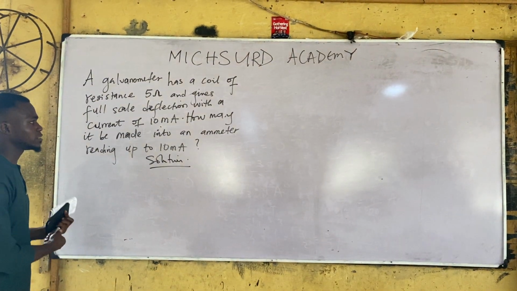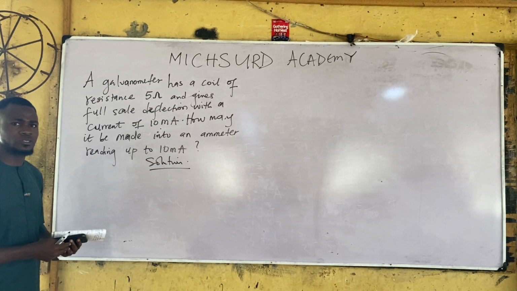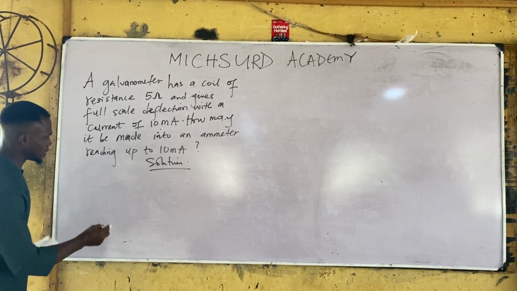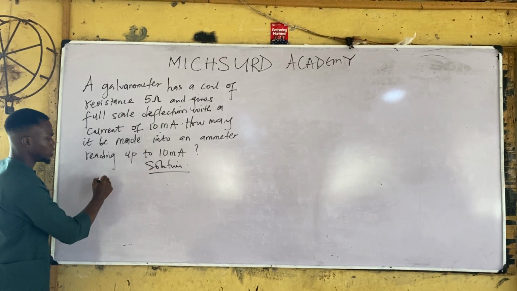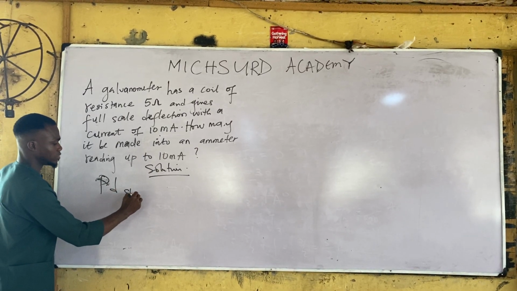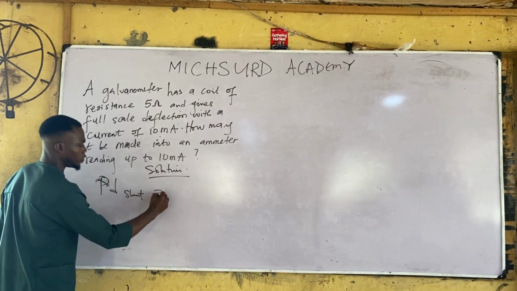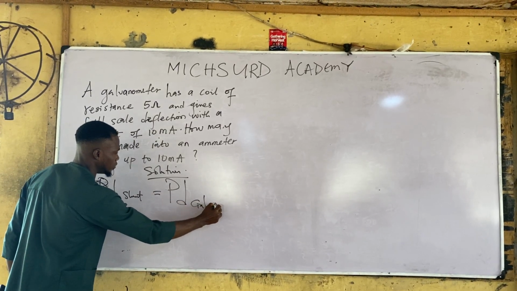So let's go. How do we do that? We have said that the shunt is placed parallel to the galvanometer. So what it means is that the potential difference in the shunt, I'll use PD to show the potential difference, is equal to the potential difference in the galvanometer.